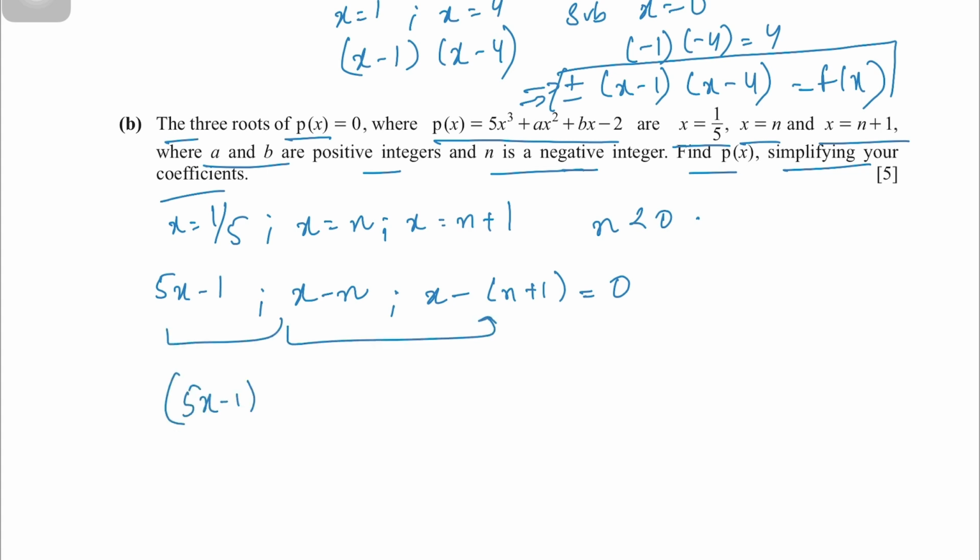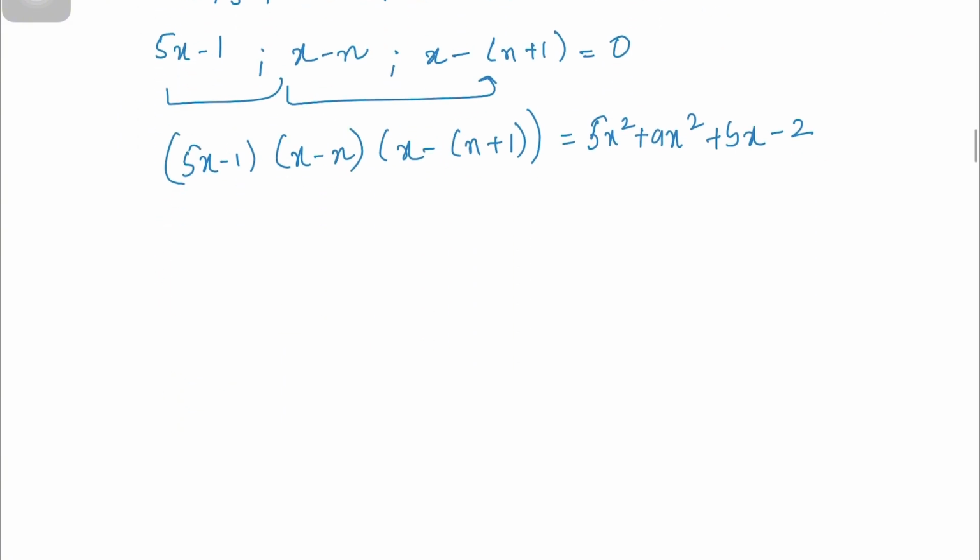So this would be (5x minus 1)(x minus n)(x minus n plus 1) equals 5x cubed plus ax squared plus bx minus 2. Now we can simply calculate this by multiplying each and everything.